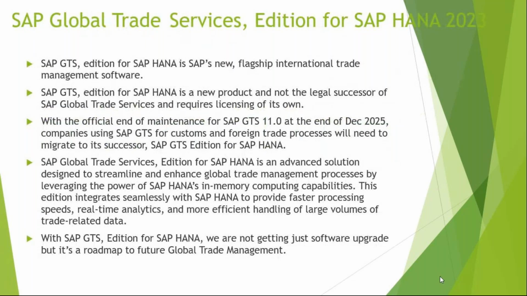All right. So we understood that most of the companies are using the SAP GTS system for their customs and foreign trade processes. The version which they are currently using is called SAP GTS 11.0.